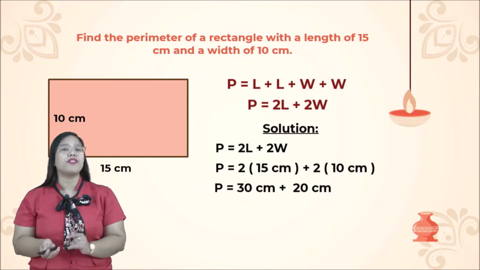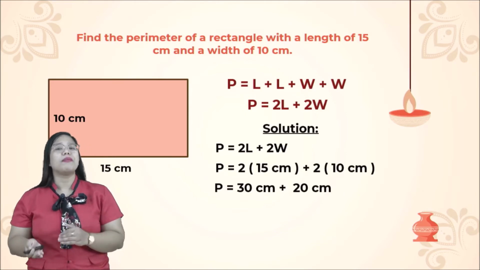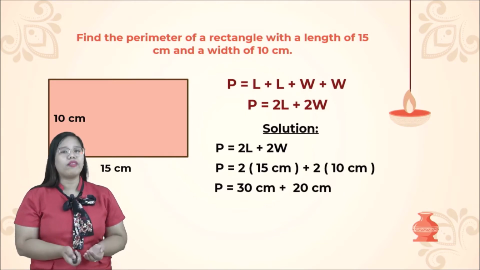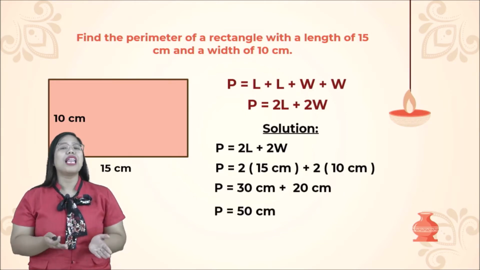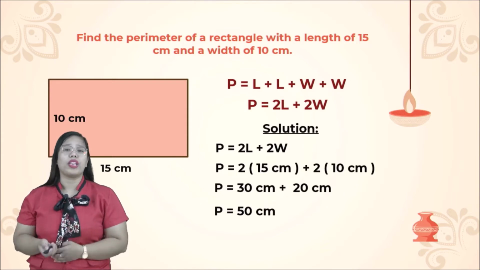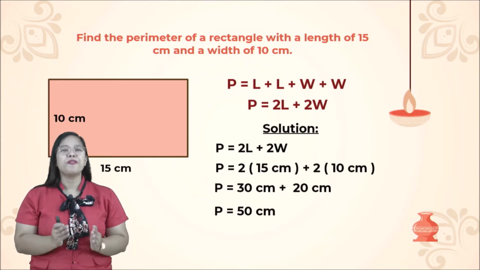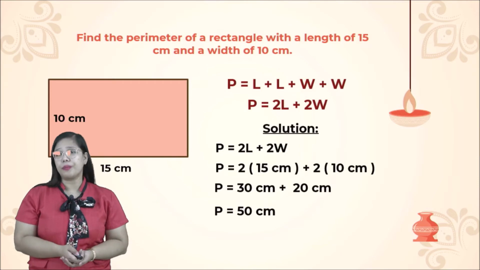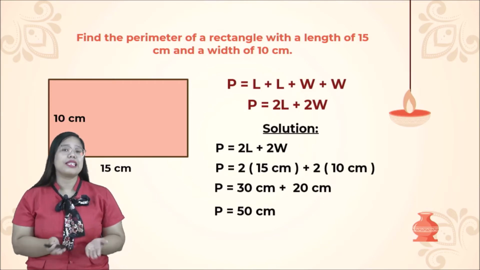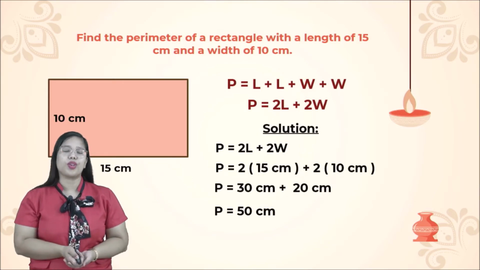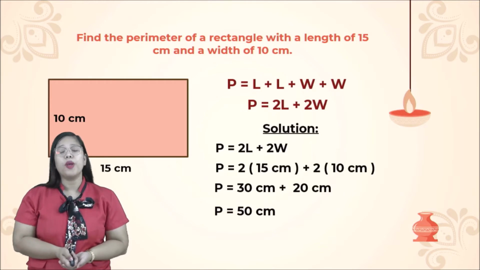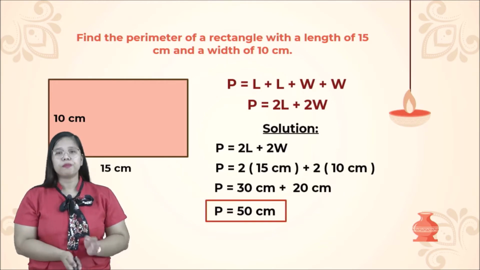So 2 times 15 is 30, and 2 times 10 is 20. We add 30 and 20, and the answer is 50. The unit of measure remains centimeters. So our answer is 50 centimeters.